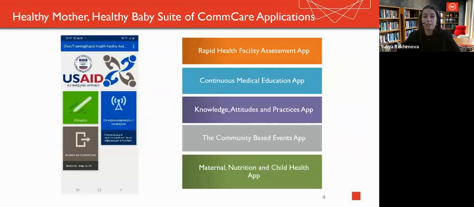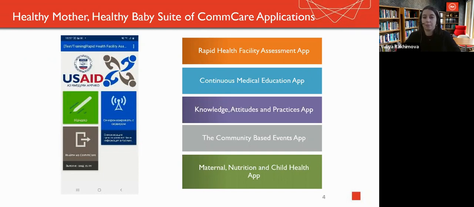As part of Healthy Mother, Healthy Baby's broader support to the Ministry and other healthcare stakeholders to build technical capacity, leadership, management, and policy reform potential, the activity developed 5 open-source maternal, newborn, and child health applications. The applications, powered by the open-source software CommCare, comprise a suite of tools designed to help healthcare workers and community leaders increase the quality of their service delivery.